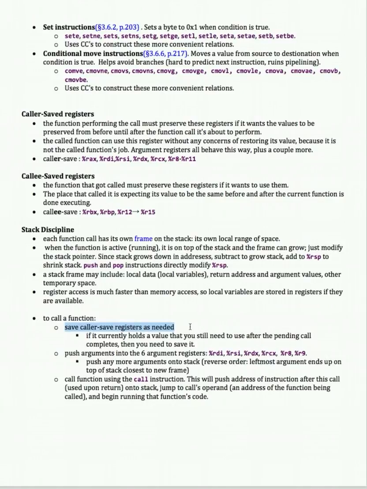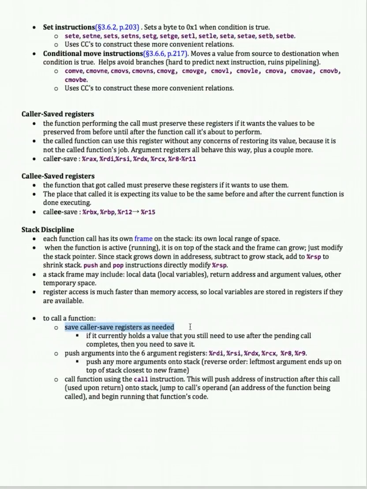In other words, if there are some register values that need to be kept upon returning from the callee, it pushes the caller-saved registers into the stack.